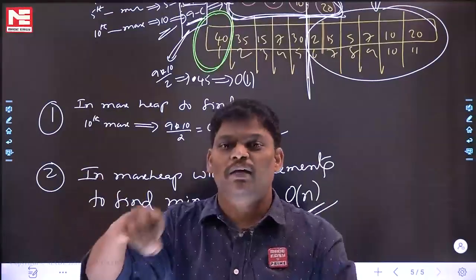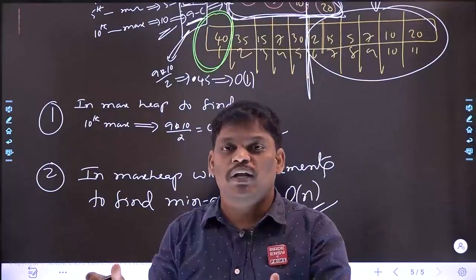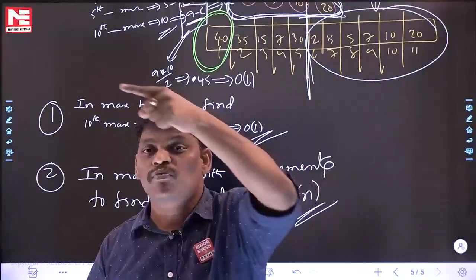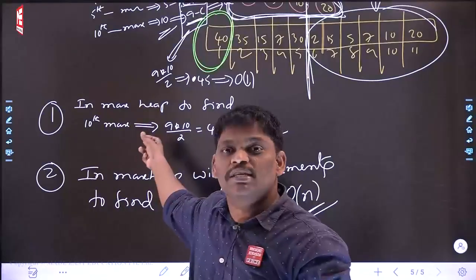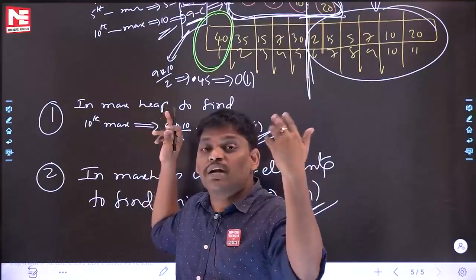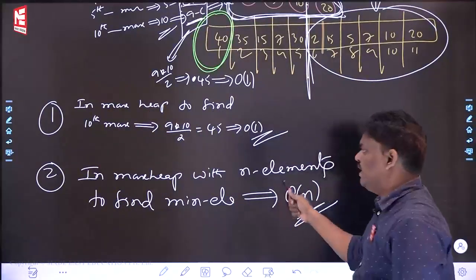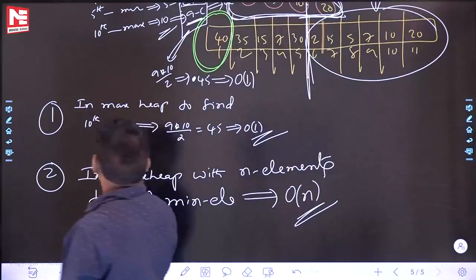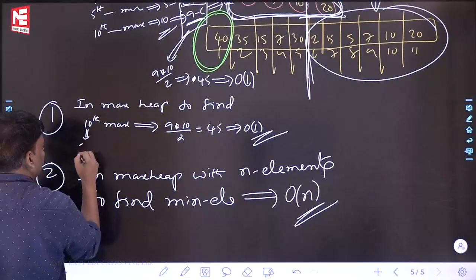Okay, if the new one looks better, you take it. Suppose the new one is not good for this, take the old one only. Until the last class, maximum needed one scan, minimum needed one scan, n time. Now because of the max heap array, finding the maximum is constant. Max heap is not useful for the minimum, so the previous algorithm which you know very well applies. So this is the new point: in a max heap, to find out the 10th maximum, it is constant. Please be careful, constant.